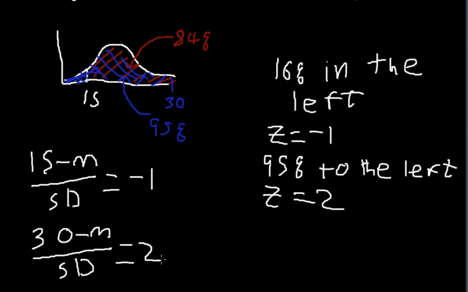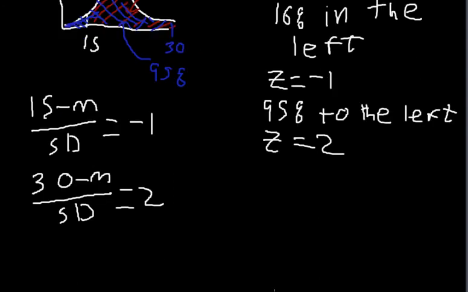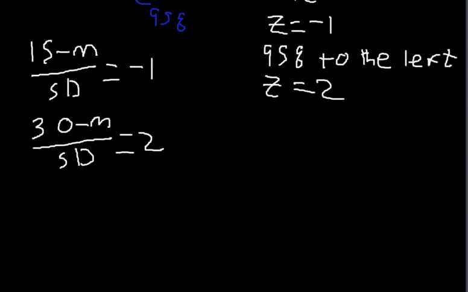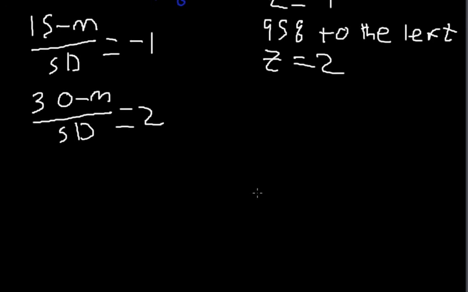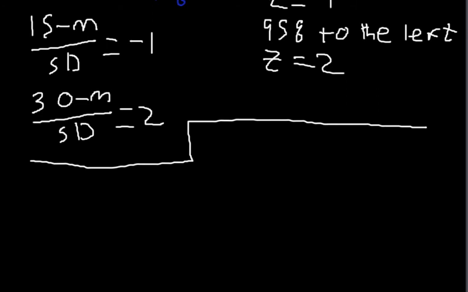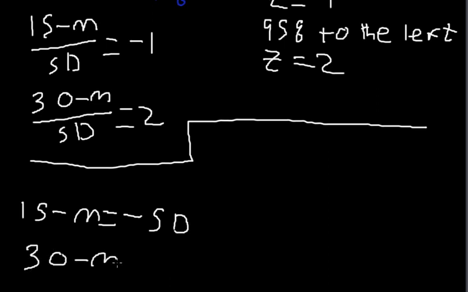So now we just have to solve, and I've made the numbers so that they work out nicely. First we multiply through by the standard deviation and get 15 minus the mean equals negative SD, and 30 minus the mean equals 2 times the standard deviation.